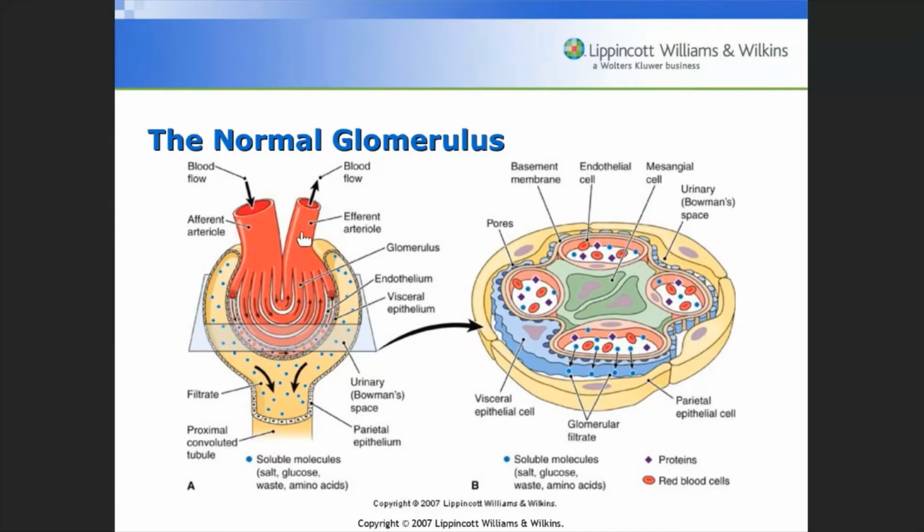If you don't have enough filtration, then your waste can accumulate in your body, and then you can develop azotemia and uremia. And so the kidney does auto-regulate itself if you have too much filtration, as part of the juxtaglomerular apparatus involving the mesangial cell.